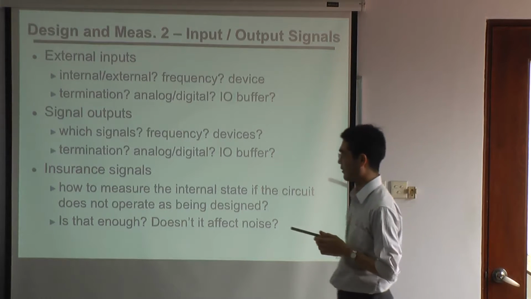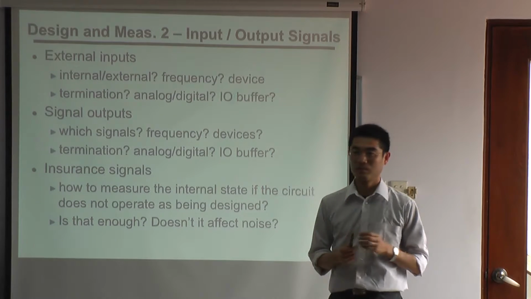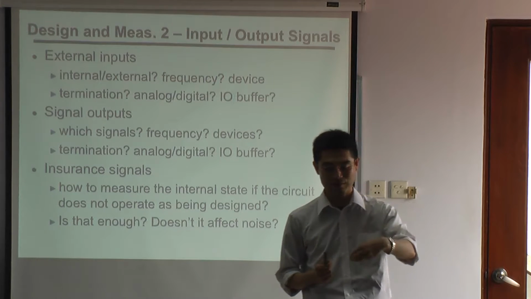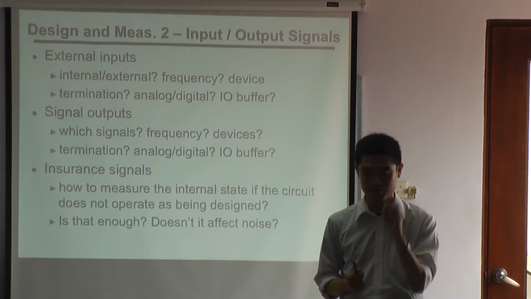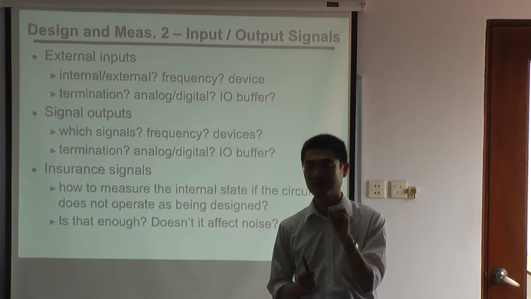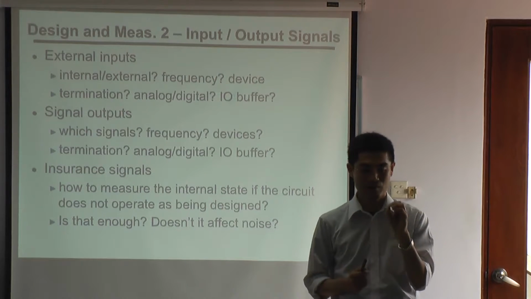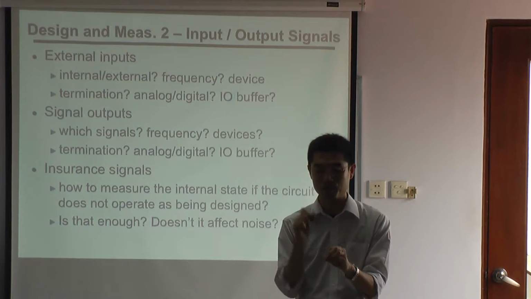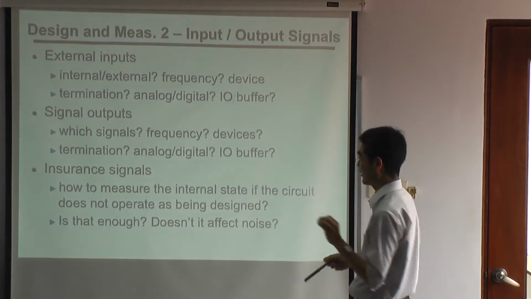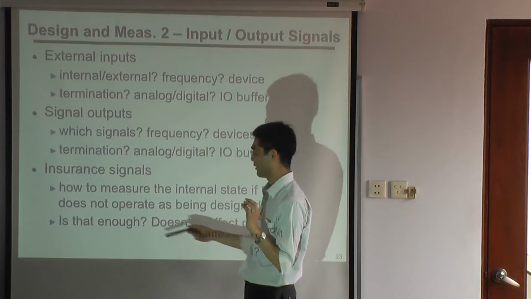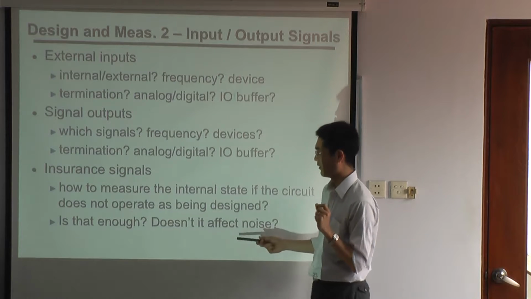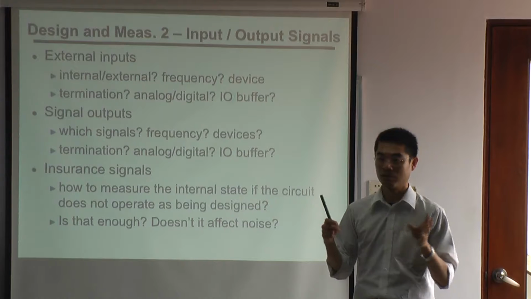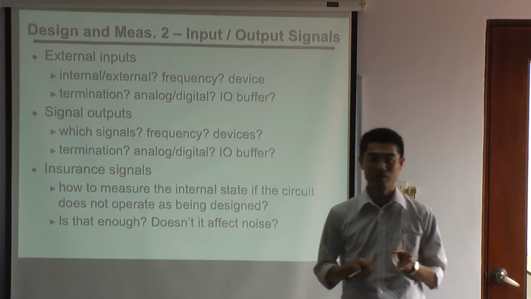And in most cases, once we put in insurance signals, of course we want to measure the very important signals. That important signal often causes noise if we probe it. So for insurance signals, the two questions are: is that enough? And does it affect the noise, or does it affect the overall circuit performance? We have to consider it.